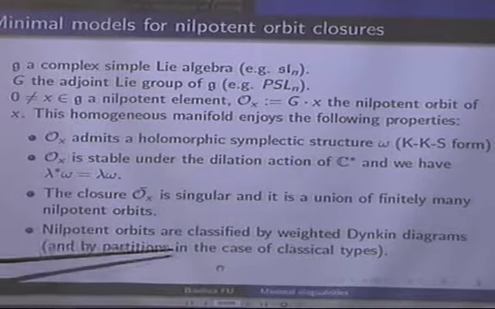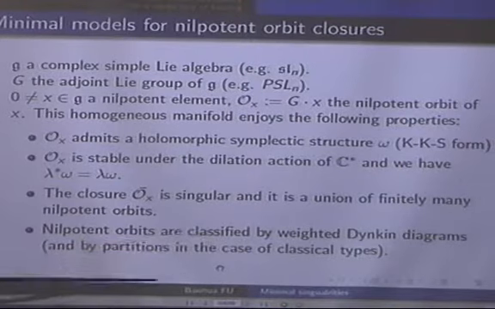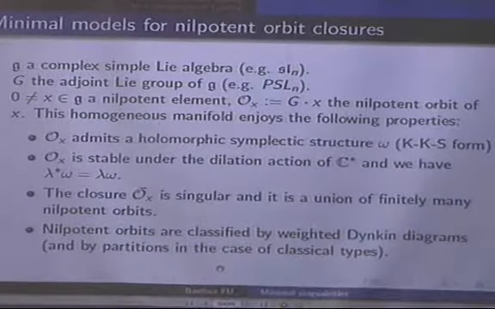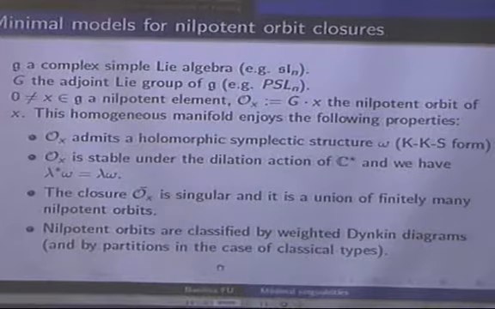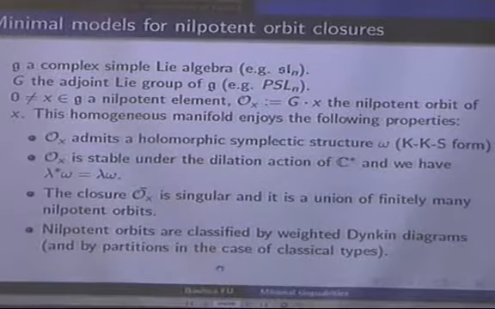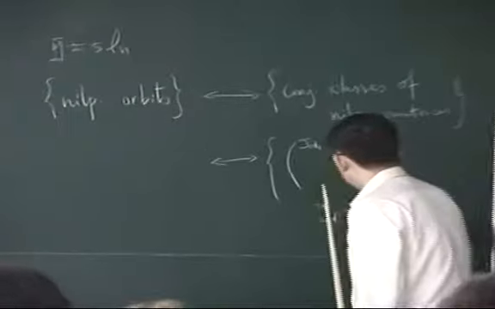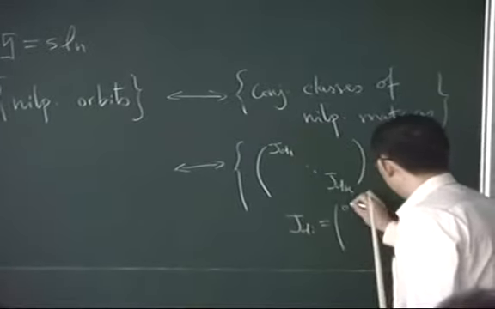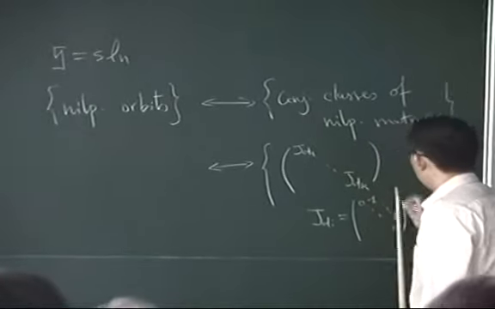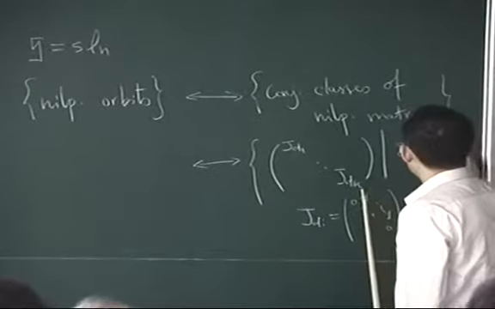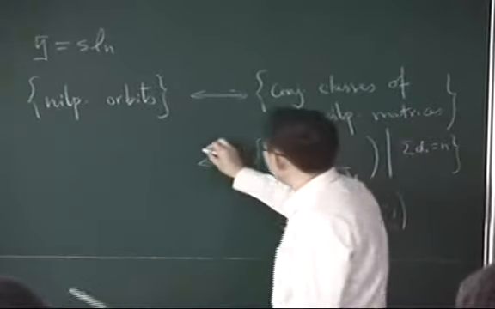And also, nilpotent orbits are classified by weighted Dynkin diagrams, and by partitions in the case of classical types. For example, in the case of SL_N, in each conjugacy class you can always find the Jordan form, J_{d_1} up to J_{d_k}, where J_{d_i} is the Jordan block matrix like this, such that the sum of the d_i is N. So this is a one-to-one correspondence.